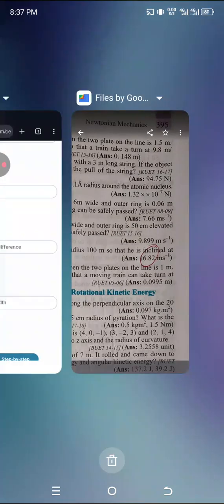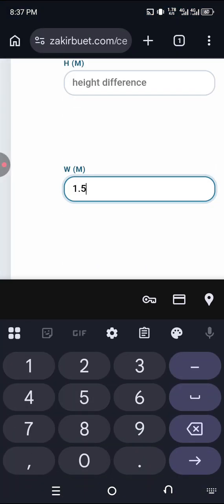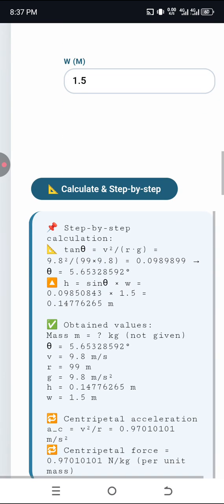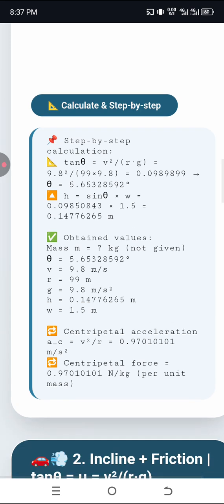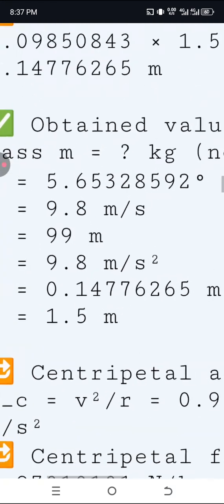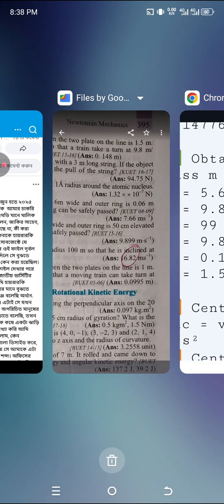Yes, it is 1.5. Now we press this particular button, calculate, and the step by step method is shown. So we were supposed to find the height, which is 0.1477, and they write 148. It is the same thing.